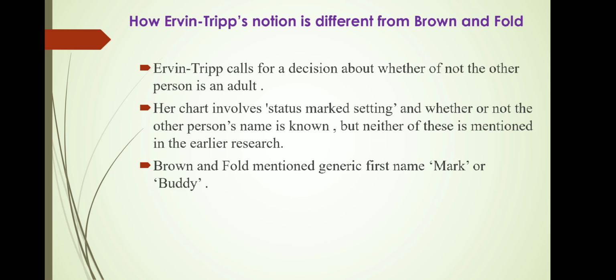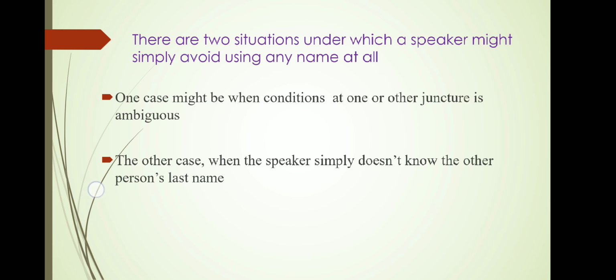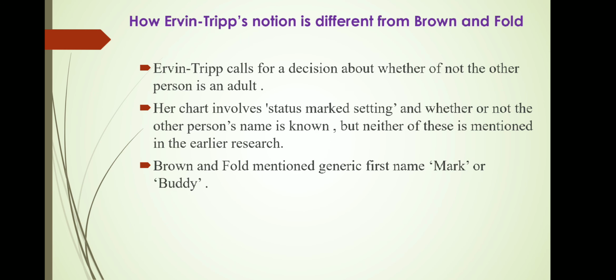Of course, there are some points of agreement. For example, if the speaker is not on intimate terms with the addressee, like he's not a friend or colleague, then some form of title plus last name will be used. Another point in common is that rank precedes and dominates age as a criterion.